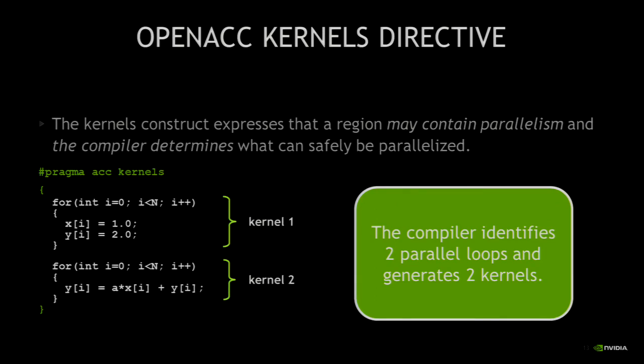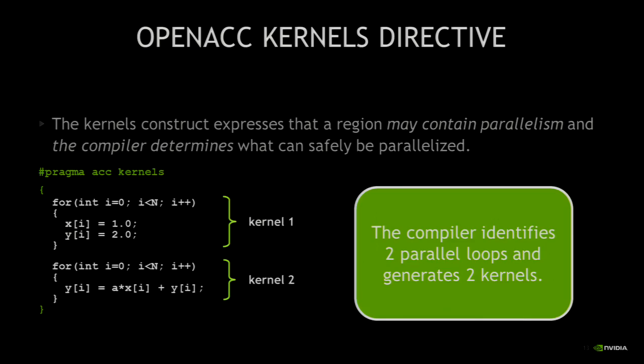So in this particular case, for example, we have two loops. The compiler will figure out, OK, this is a completely independent loop, so I can create a kernel for that. And the second loop is also completely independent. I can create a second kernel for that.